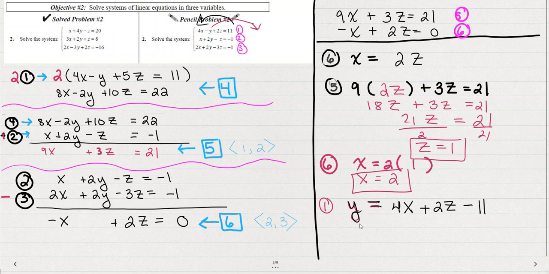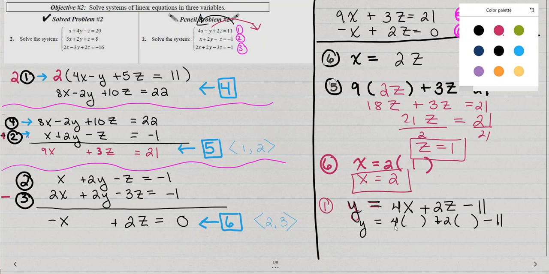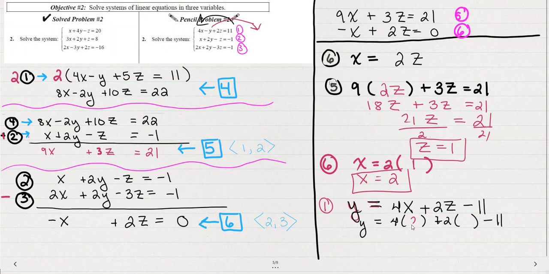Substitute in 2 for x and 1 for z. 4 times 2 plus 2 times 1 minus 11 would give us 8 plus 2 minus 11.